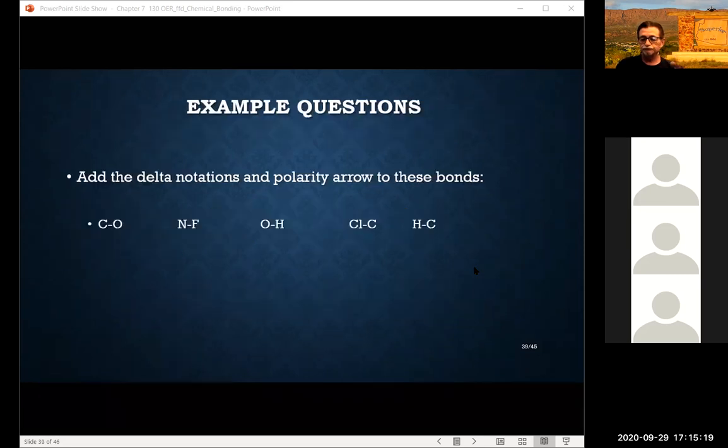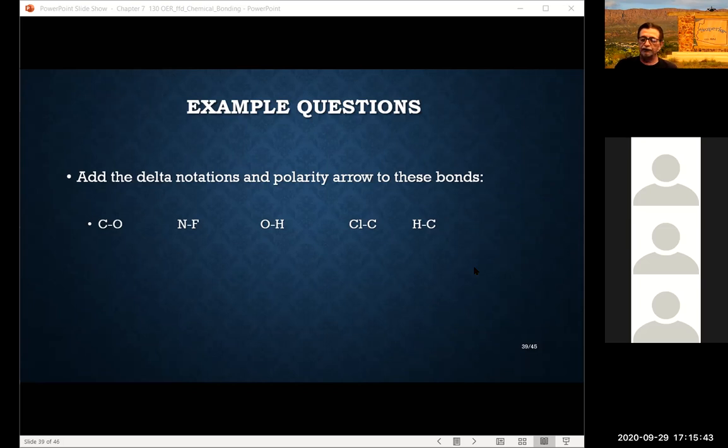Okay, so here are some example questions where they may ask you to add the delta notation, that is the partial positive, partial negative, and then to add the polarity arrow, with the arrow going in the direction of who's more electronegative. So we got an example here, carbon and oxygen. What do we do first?